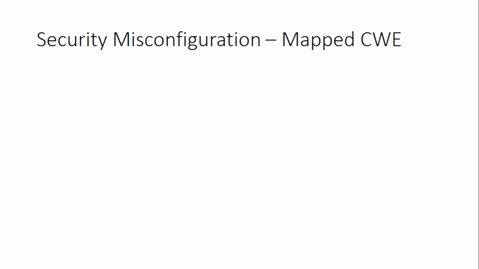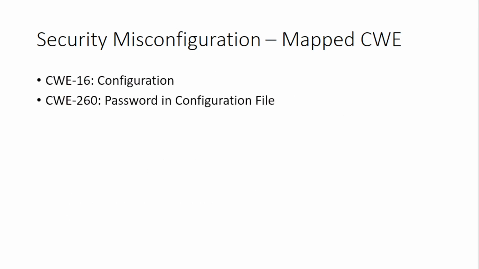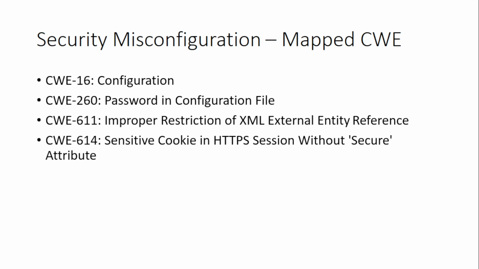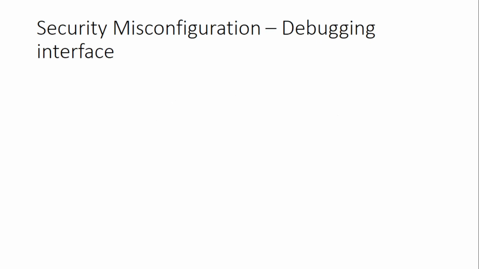There are multiple mapped CWEs for this, like password in configuration file, improper restriction of XML external entity reference, sensitive cookie in HTTPS session without secure attribute, and so on and so forth. So for this part, we'll be looking at an example, which is the debugging interface.